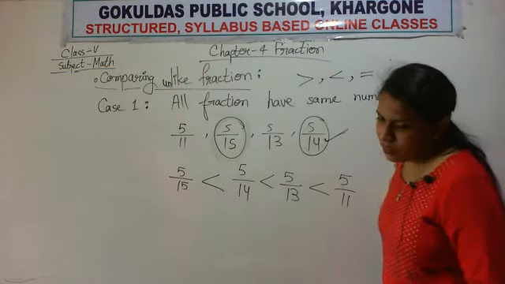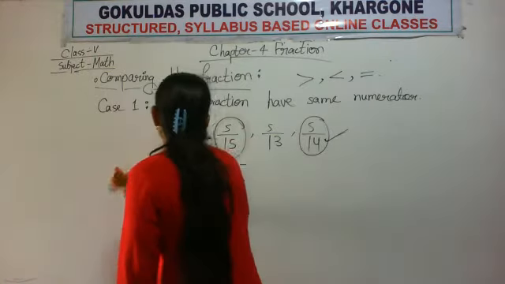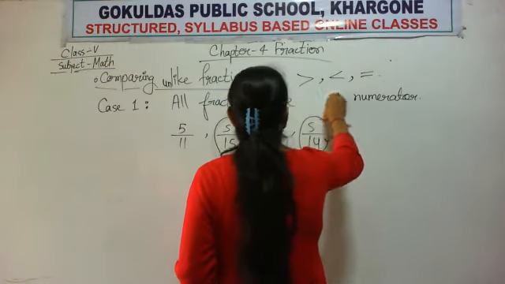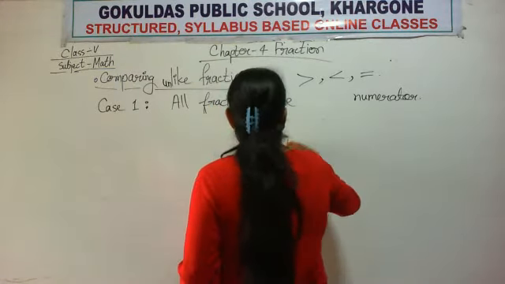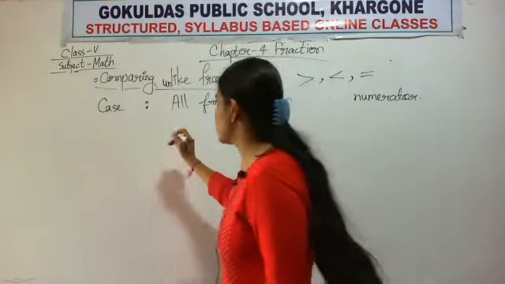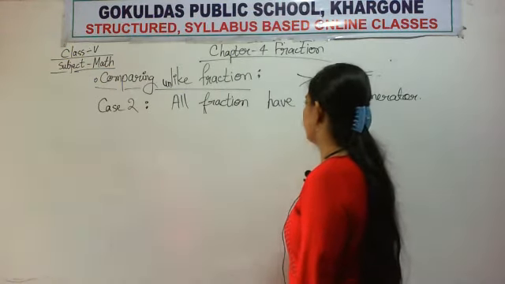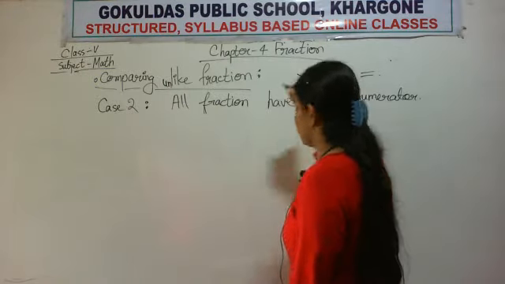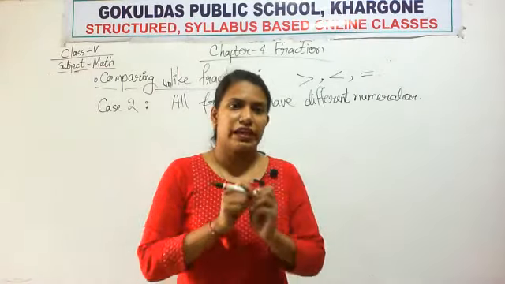Now what if all fractions have different numerators? Now case 2. What happens if all fractions have different numerators? Then how will you check?